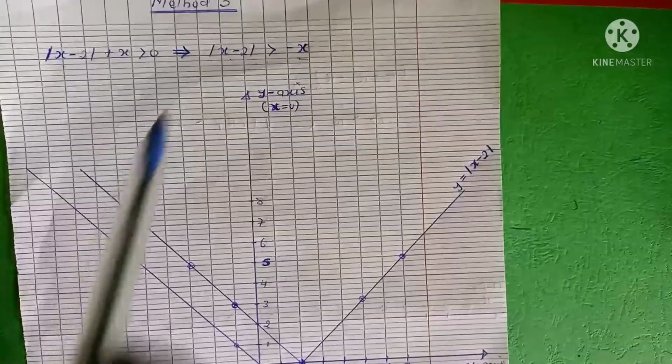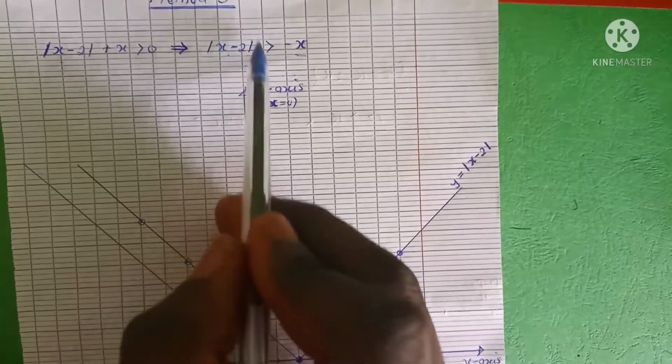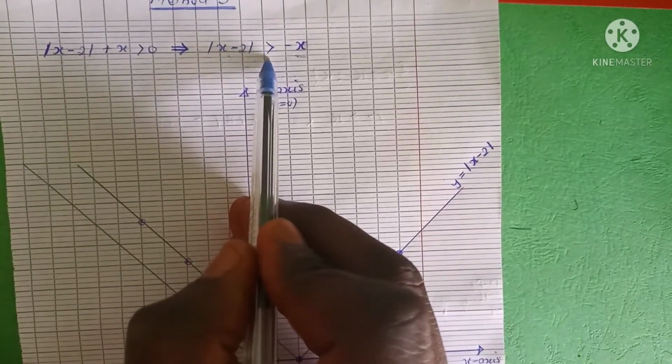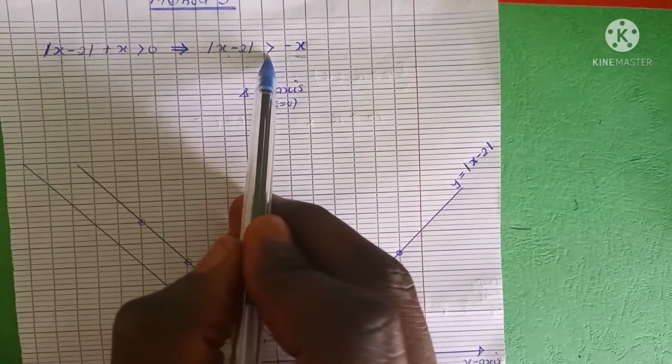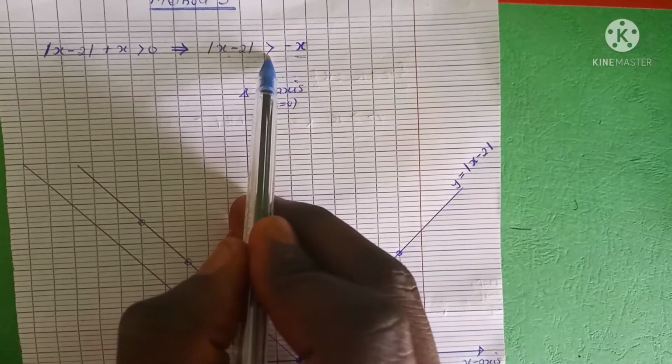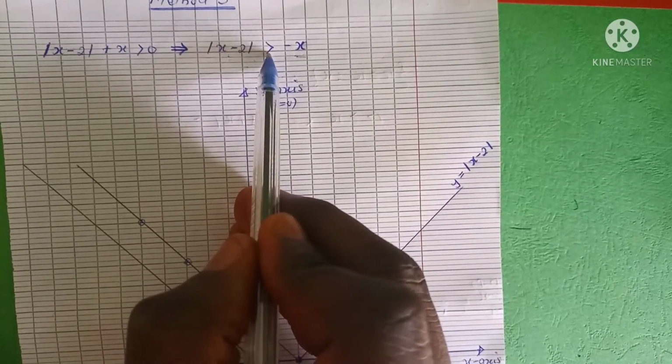We are simply going to read off those values of x for which the graph of the absolute value of x minus 2 lies above the graph of negative x, lies above because of this inequality sign. If it were less than, we would be looking for those values of x for which the graph lies below. But at this level, we have greater than.